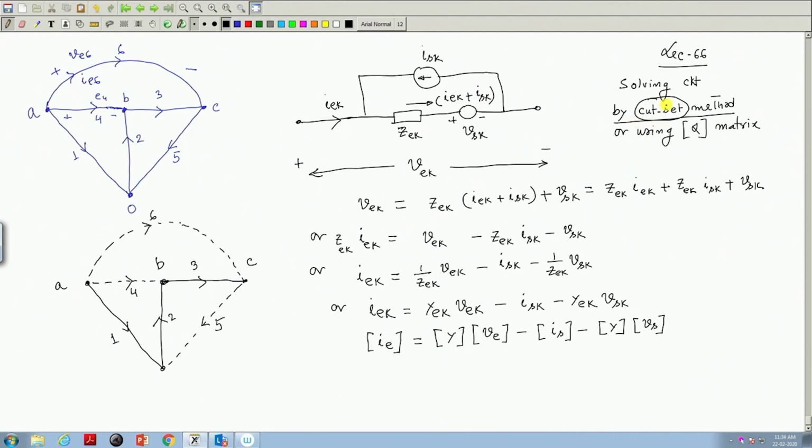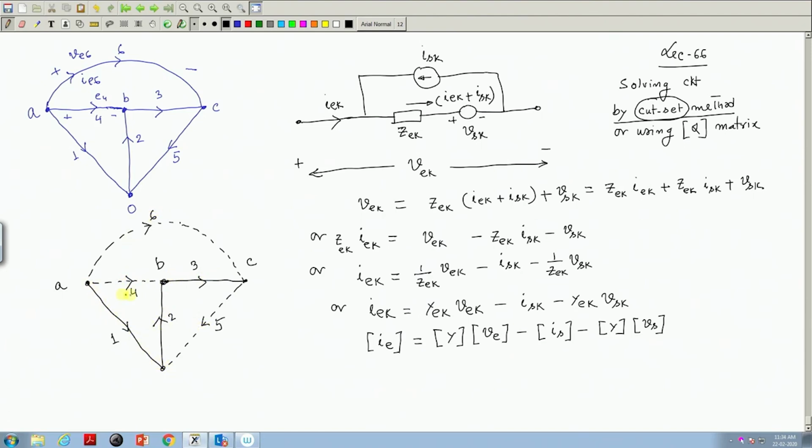And the cut set matrix, you know what you do is this. I will briefly review what you know about the Q matrix. You choose any one tree of the network. This is the tree I have chosen, these are the links, and these tree elements are called the twigs.